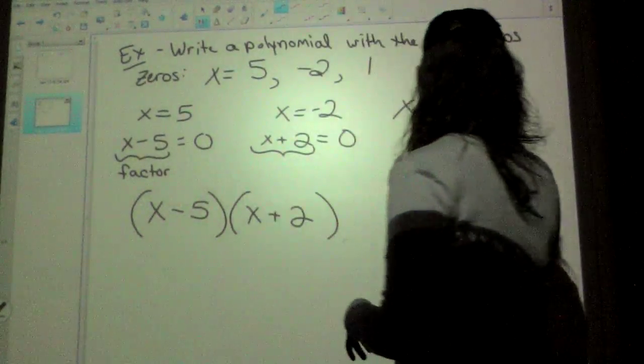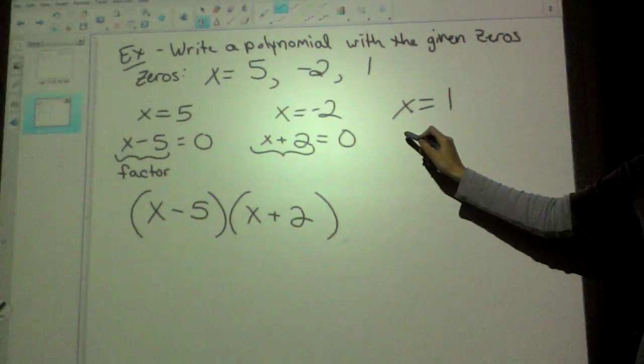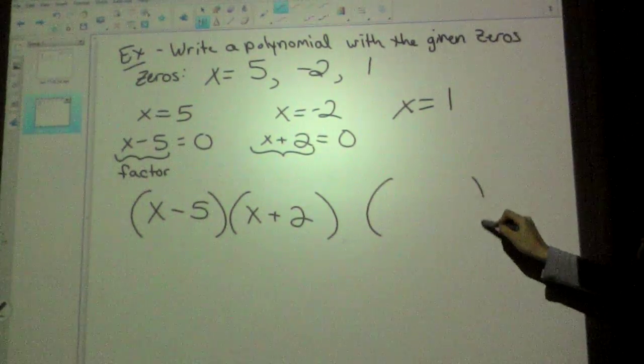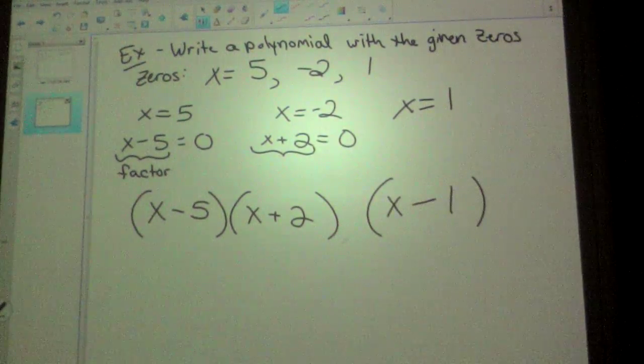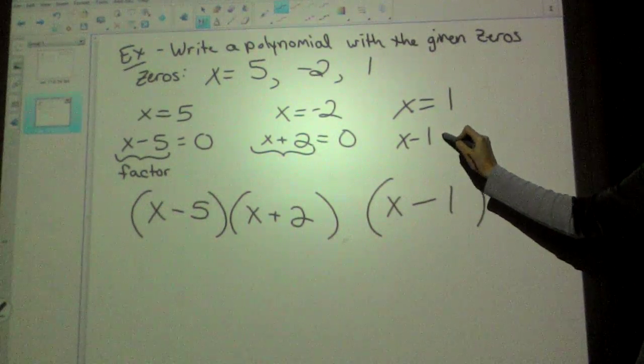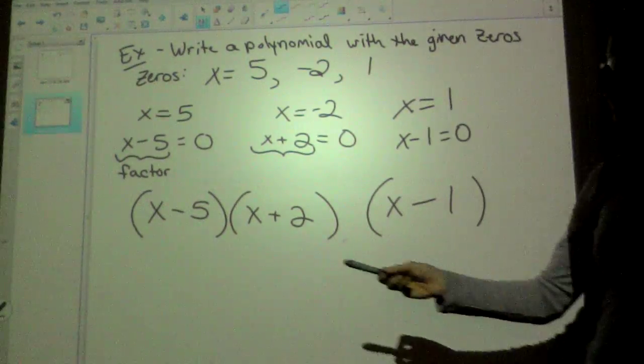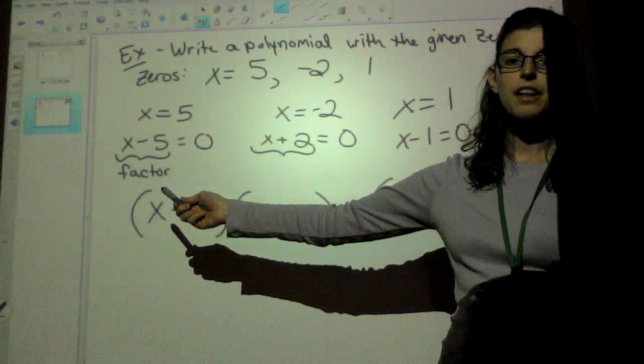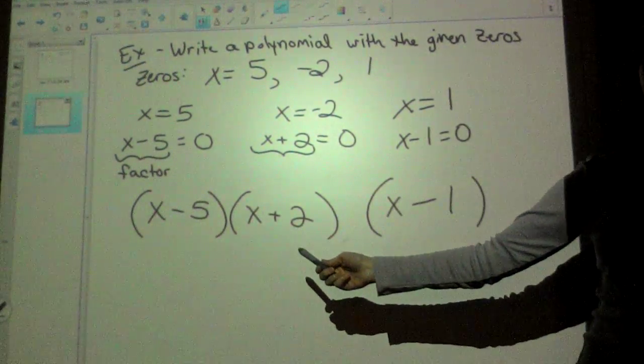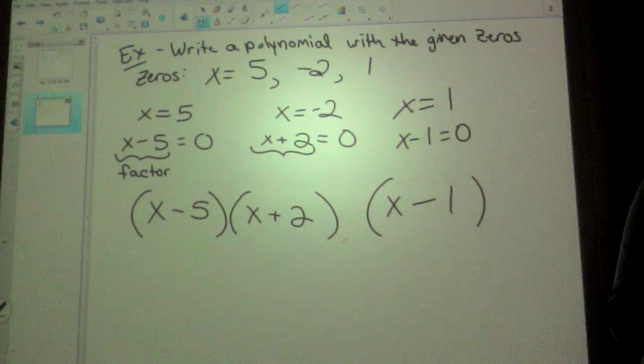X equals 1 gives me a factor of what? X minus 1. Okay? So your three factors that need to multiply together to give you the polynomial are x minus 5, x plus 2, and x minus 1.